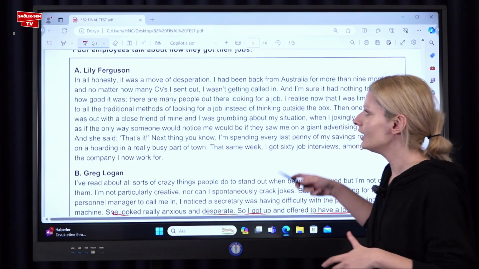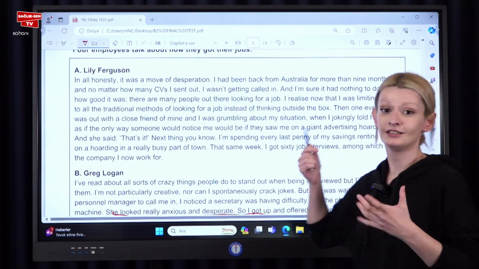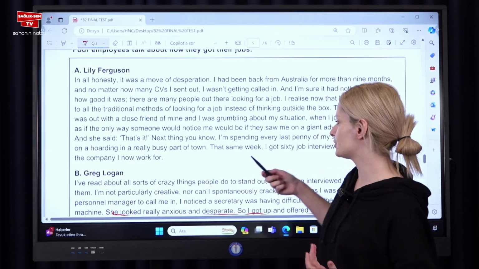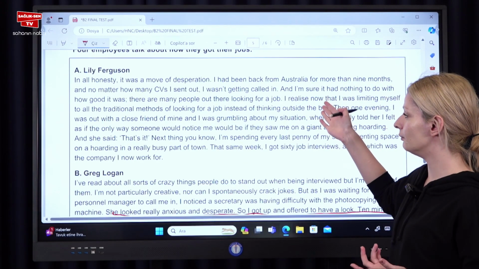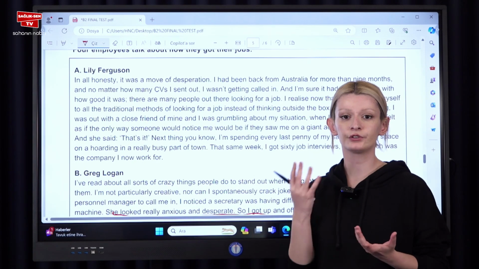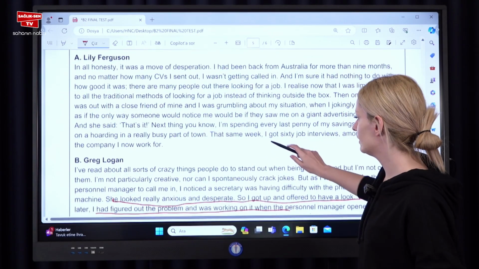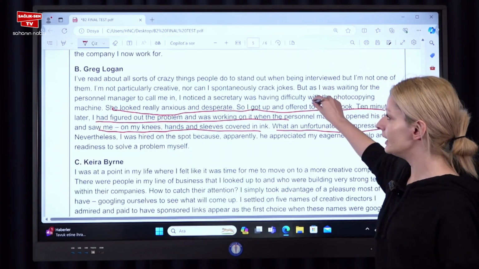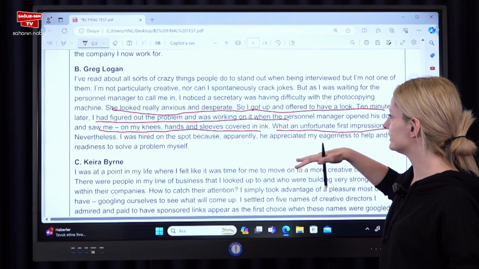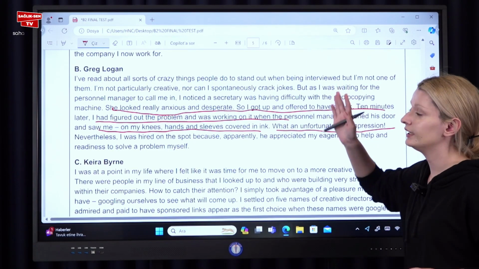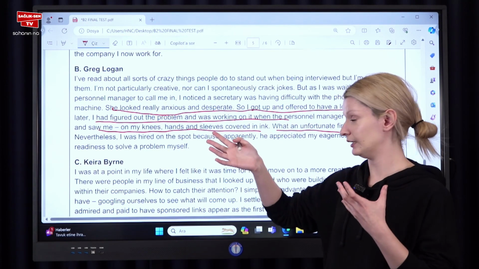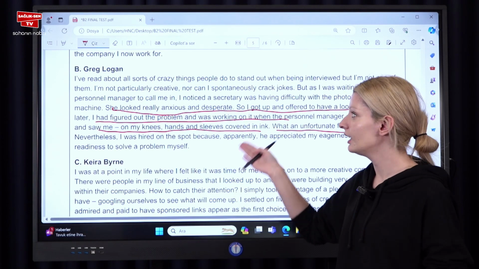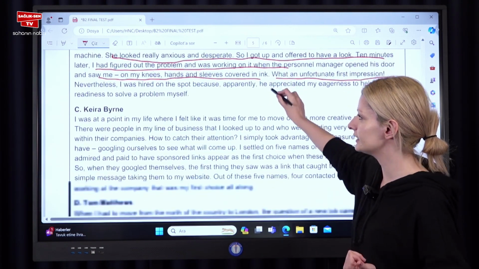And she eventually did that. It started as a joke, but she is working for the company that she wanted all along. In Greg Logan, we said that he helped the person that was in trouble and he got accepted for it.